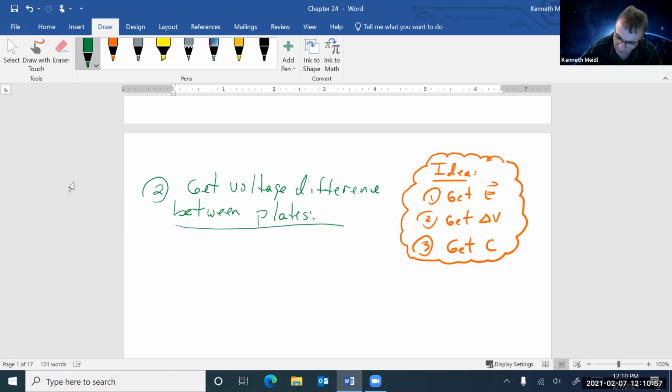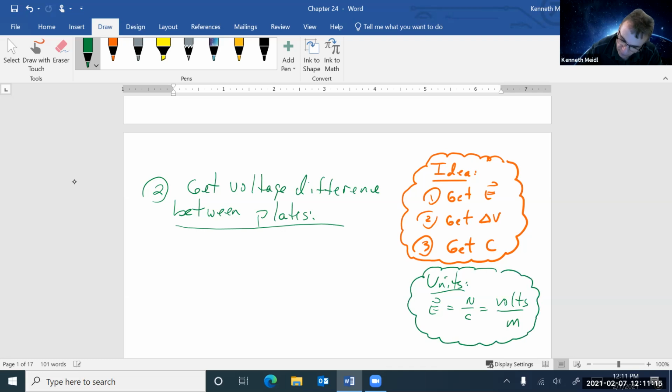So recall units. They can tell you a lot. The electric field is in newtons per coulomb, which is equal to volts per meter. This was part of the previous chapter.